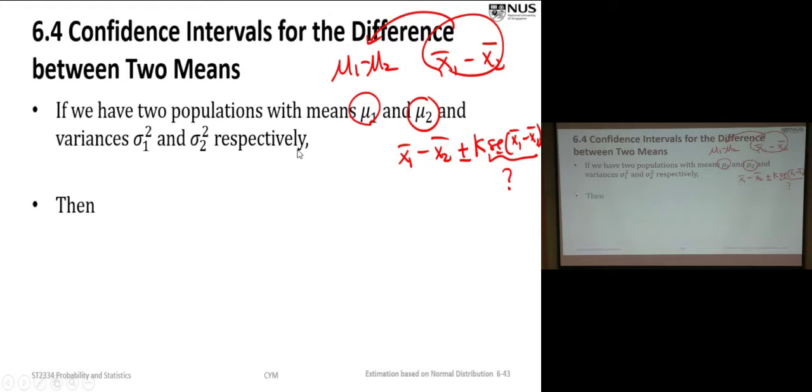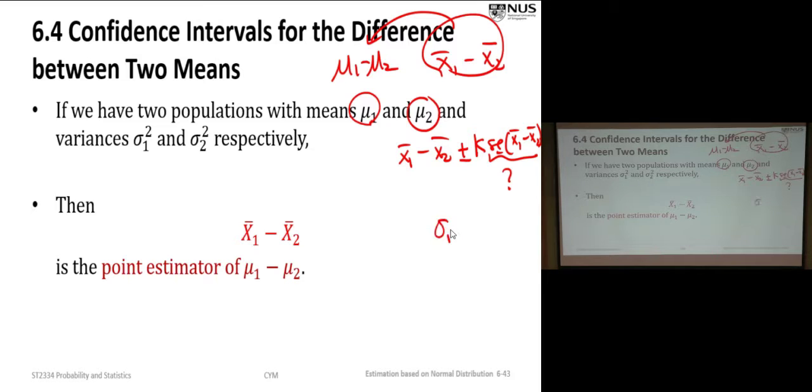All right? So we look at it. This is the point estimator for mu1 minus mu2. What is the point estimator for this one? So the natural choice is this one. What is the point estimator for this one? The ratio. So naturally we will do this.